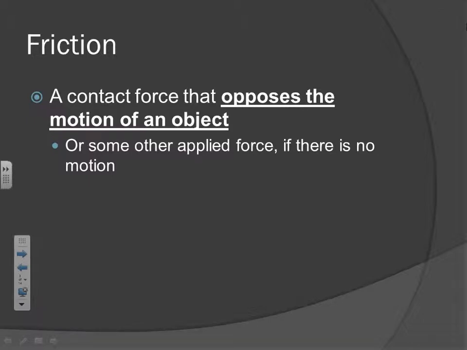So friction is a contact force that opposes motion. Surfaces have to touch in order for there to be friction. If there's no contact, there's no friction. And then it has to oppose something. It has to oppose motion, or it has to oppose another force. It's an opposing force, but it has to oppose something. And we'll talk about those situations more as we go along here.